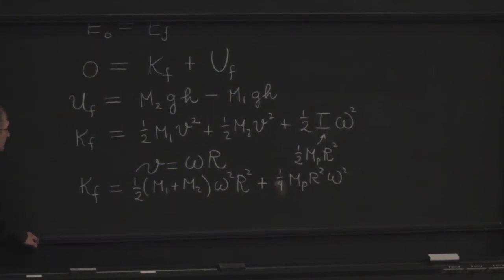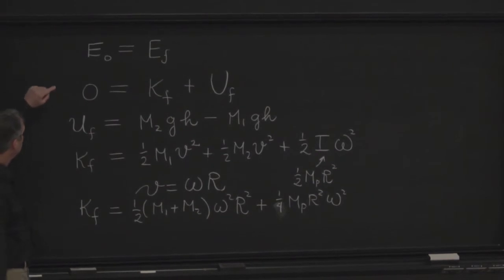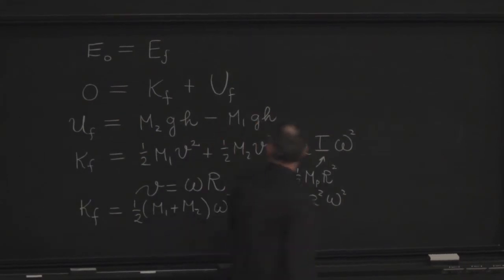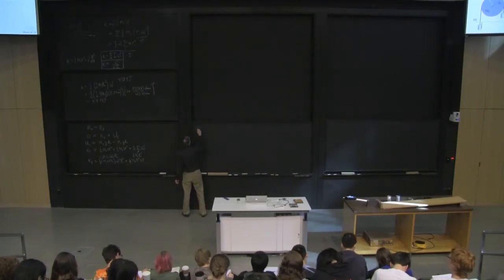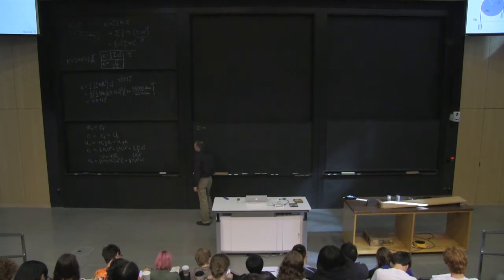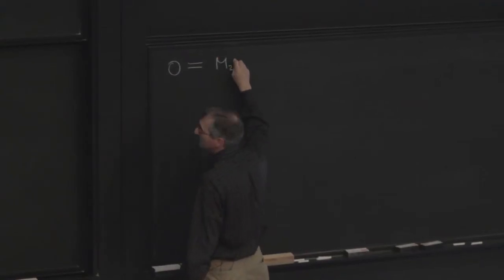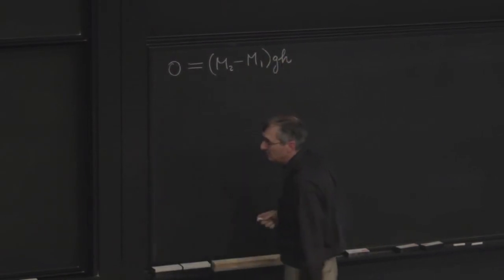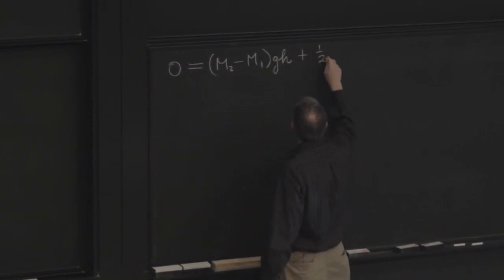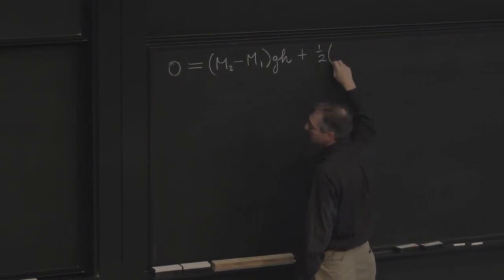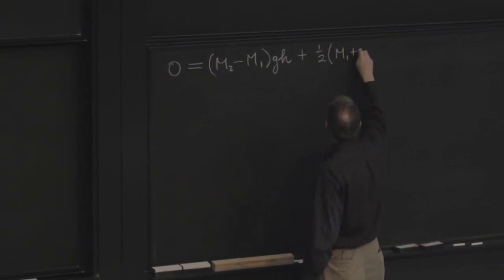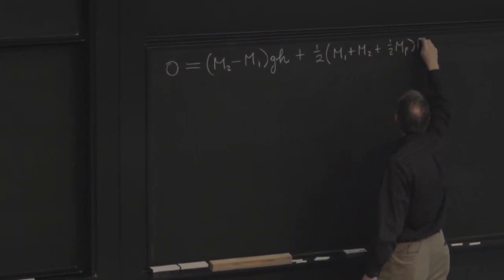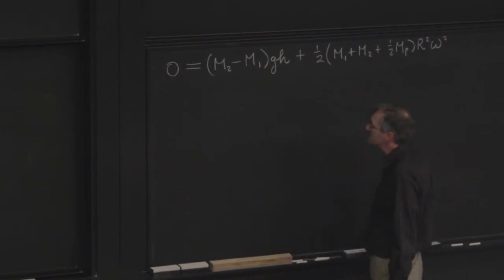So now if I equate initial energy with final energy, I get 0 is equal to (m2 minus m1) gh plus 1/2 (m1 plus m2 plus half mp) r squared omega squared.